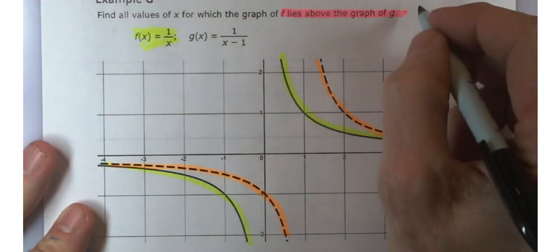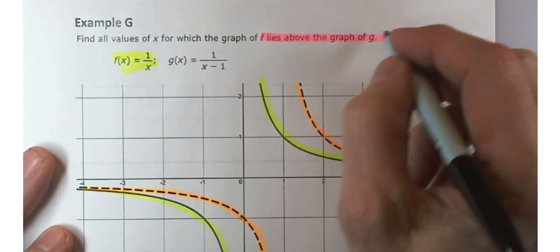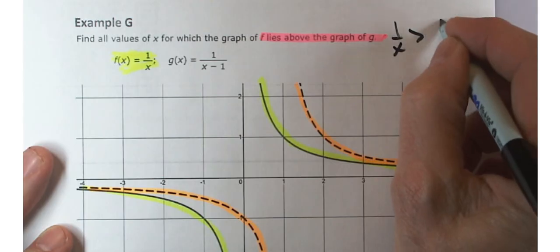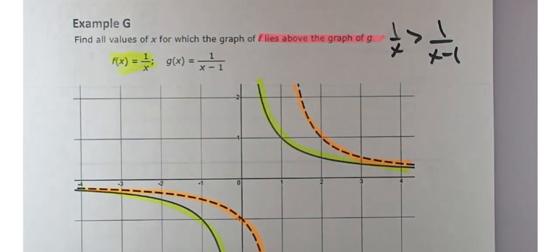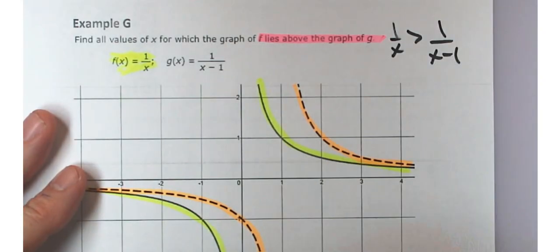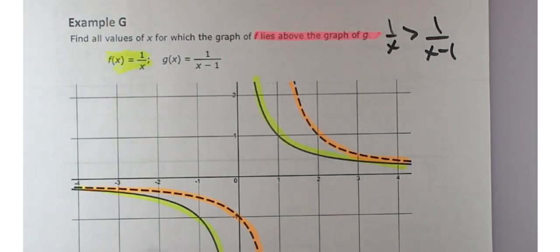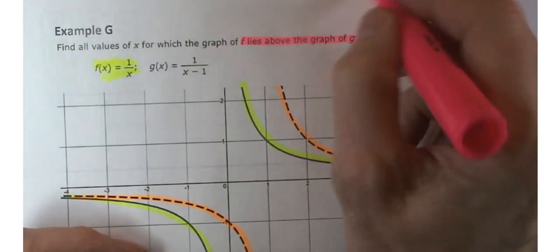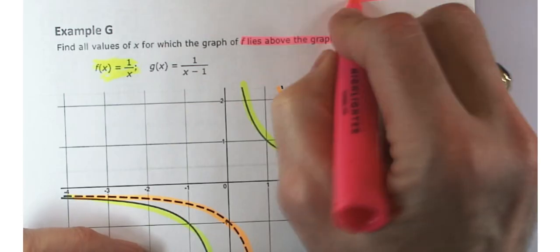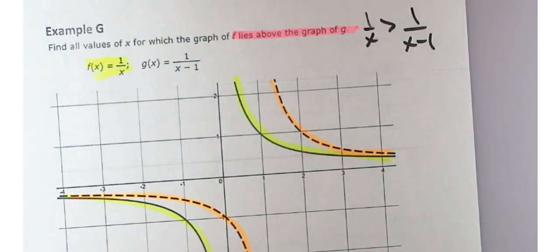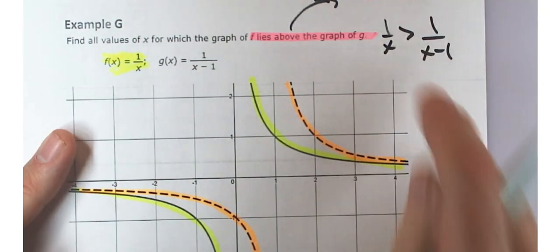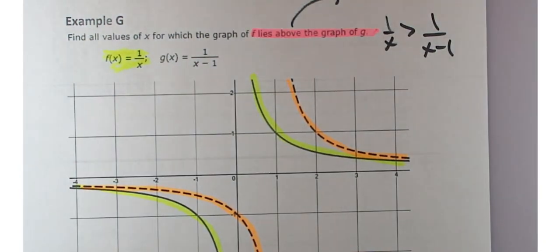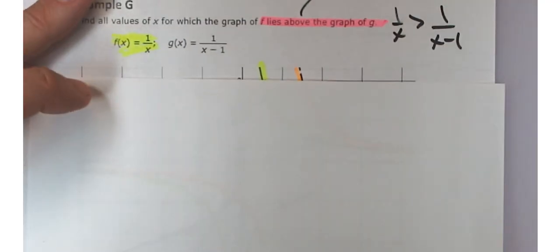That's going to mean 1 over x is greater than 1 over x minus 1. That's the inequality that you're trying to solve. So this is saying solve this inequality. Okay. So example G.